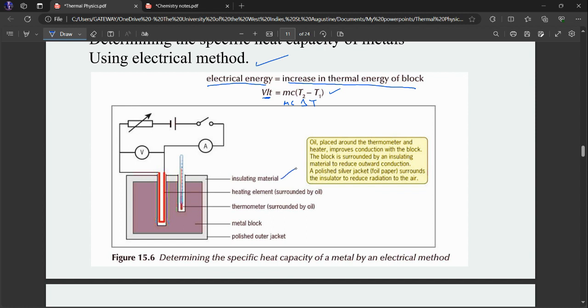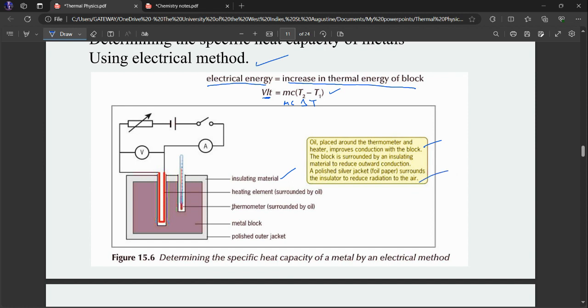Insulating material to reduce heat loss to the environment, heating element surrounded by oil. Why is it surrounded by oil? Oil placed around the thermometer and heater improves conduction of the heat energy with the block. The block is surrounded by an insulating material to reduce outward conduction, or to reduce heat loss to the environment. A polished silver jacket, foil paper, surrounds the insulator to reduce radiation to the air.